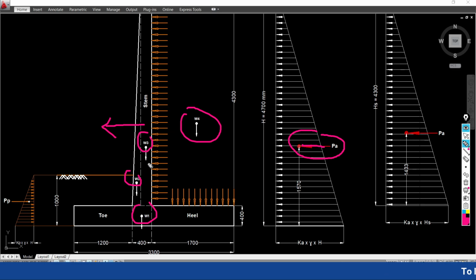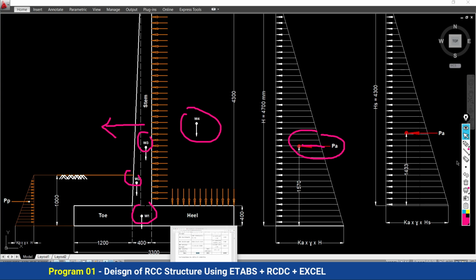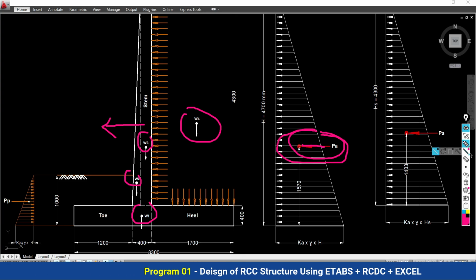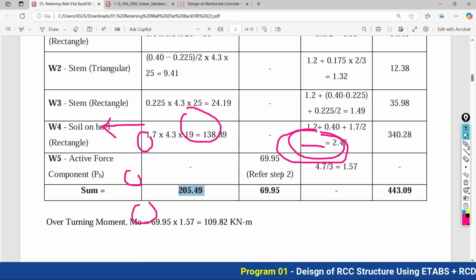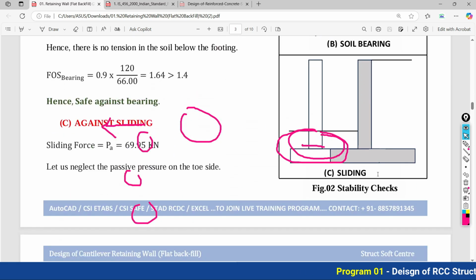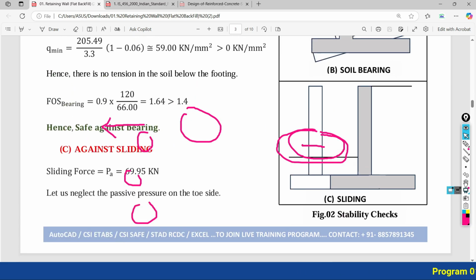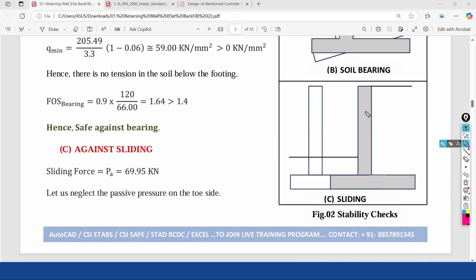These gravitational loads maintain the stability of the retaining wall against shifting. If your gravitational weight is not sufficient to resist this lateral load, what will happen? Your retaining wall gets shifted in the forward direction, as you can see here in this figure. From its actual position it gets shifted in this direction, and this is called failure against sliding.